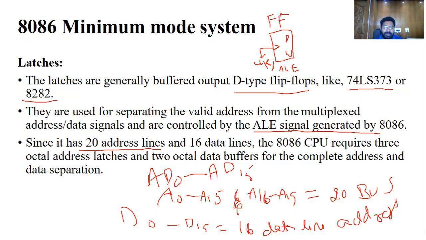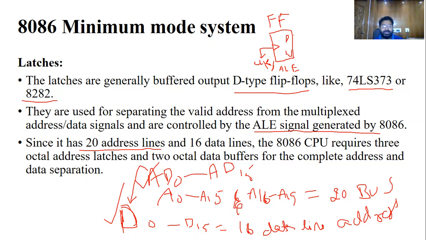So now see, the address is 20 bits, but the data is only 16 data lines. For enabling this, we require some latches, to convert the address mode to the data mode. The latch is like a flip flop, and converting one mode to another mode is the process. So we require this.